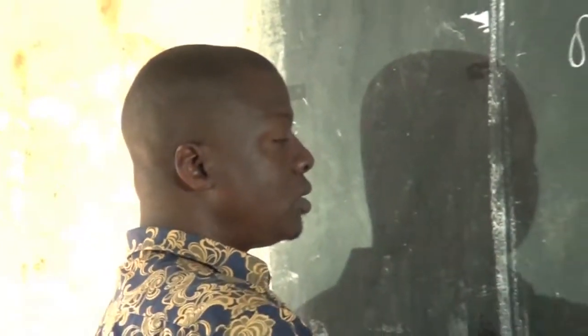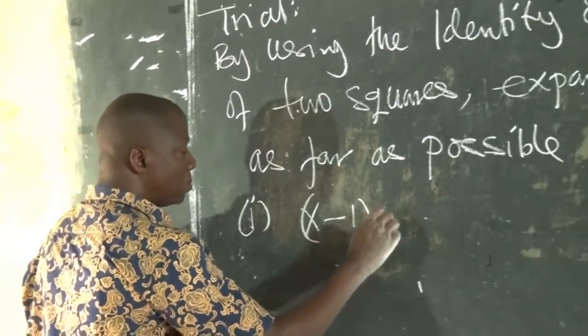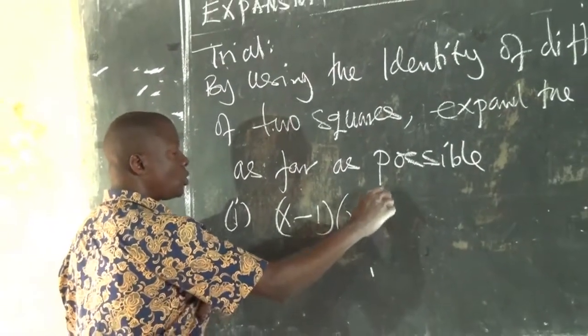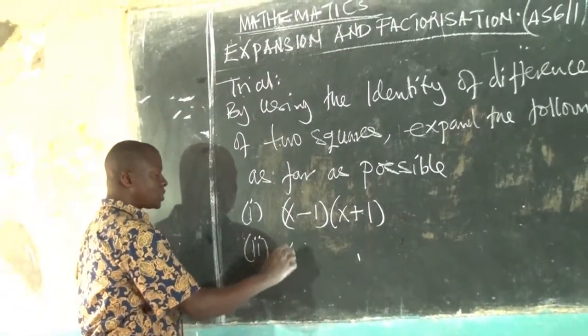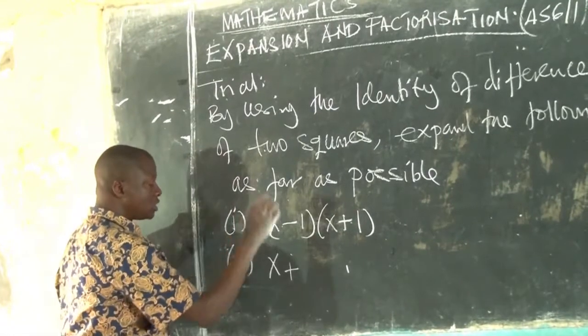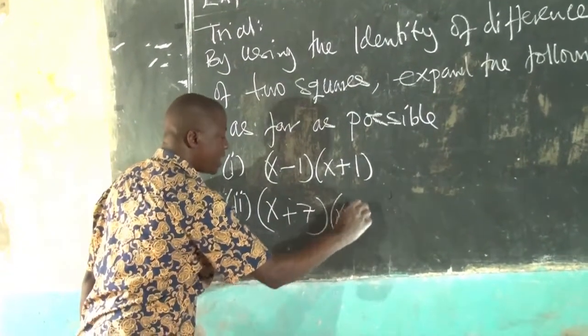Number 1, we have x minus 1 into x plus 1. Number 2, x plus 7, then x minus 7.